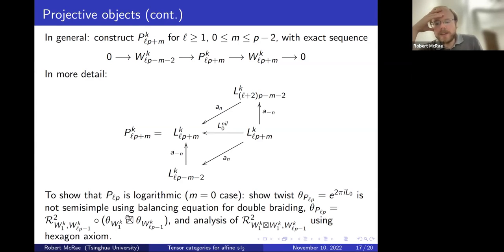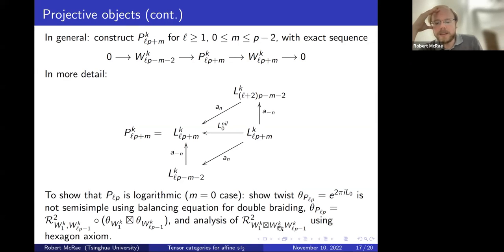So if we assume for the sake of contradiction that this theta is a scalar, and we know that these thetas are scalars, that would imply that this double braiding is a scalar. But then we can compute this double braiding here, and it would basically be the square of these 2 double braidings. So this double braiding would also be a scalar. But in fact, we can show this double braiding is not going to be a scalar.